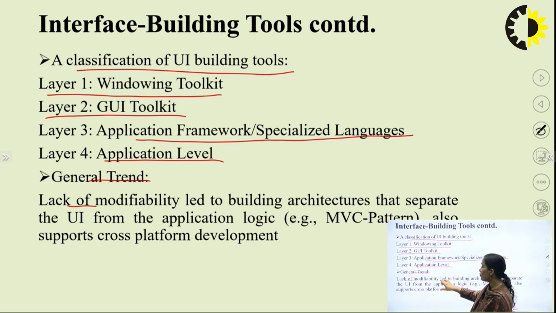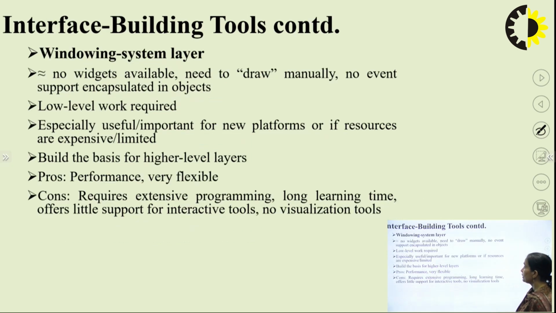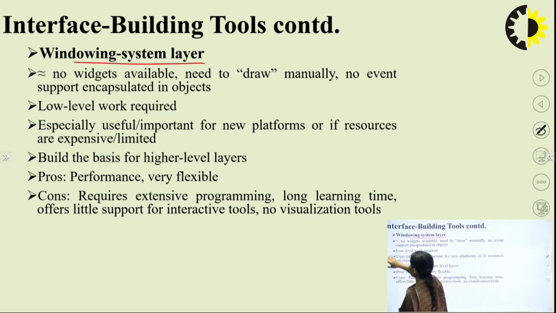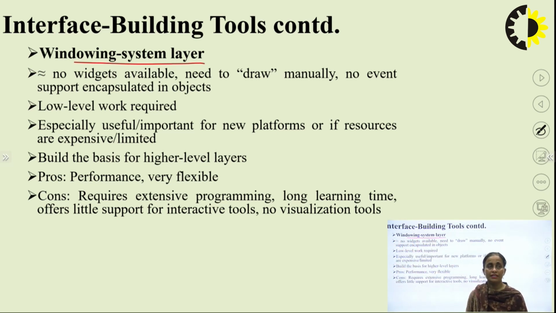So the lack of modifiability led to building architectures that separate the UI from the application logic and also support cross-platform dependence. Then we have the windowing system layer. Here no widgets are available, so you need to draw them manually. No event support is encapsulated in the form of objects.